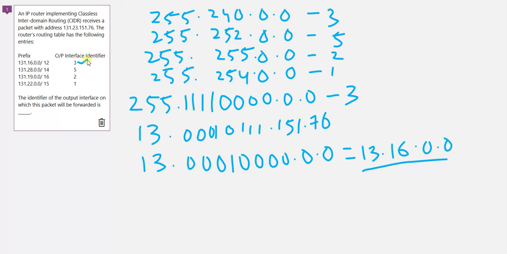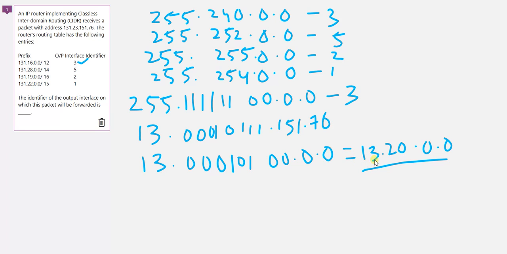Next we check interface 5. We AND the IP address with the second subnet mask. The only difference is the second byte, 252. We represent 252 and 23 in 8 bits and AND them, and the value comes out to 20.